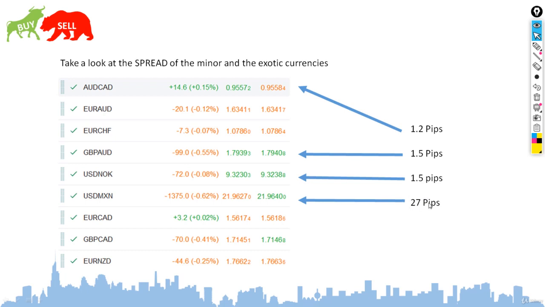It's very large for scalpers. As a scalper searching to catch movements of 5 to 10 or 20 pips, if you have a spread of 27 pips, you can open your trade and in a few seconds you will get stopped. That will impact your trading strategy and performance. That's the point I want you to understand.